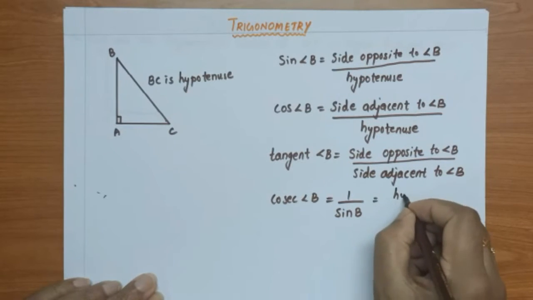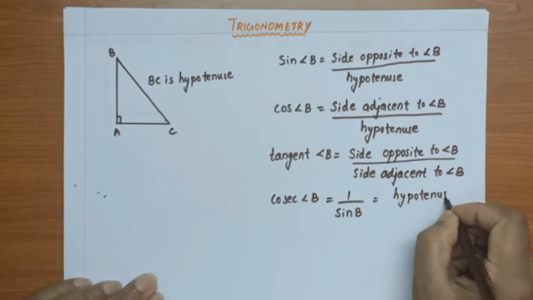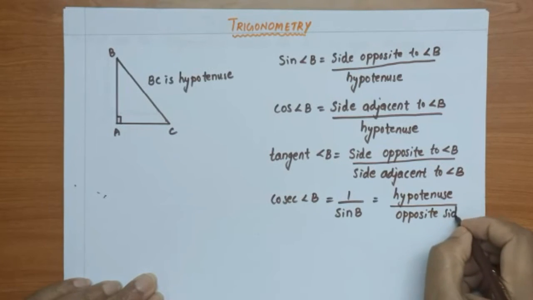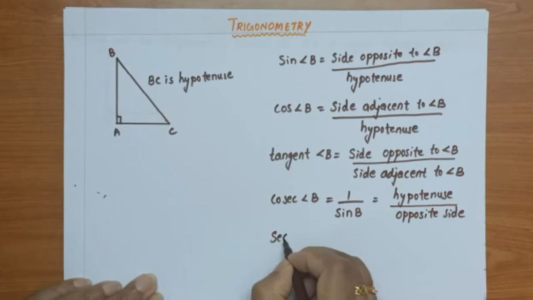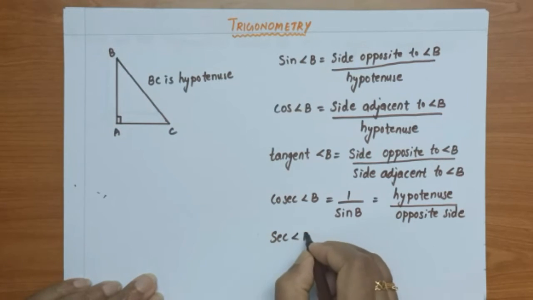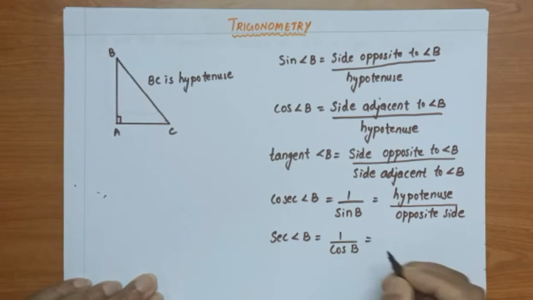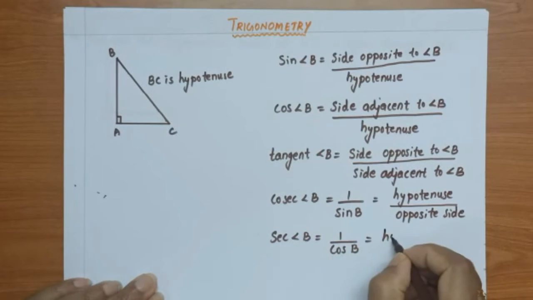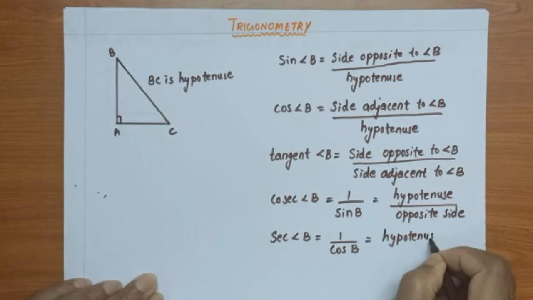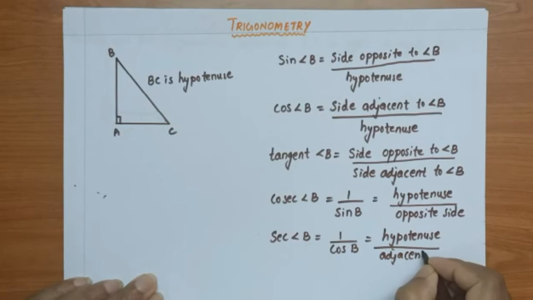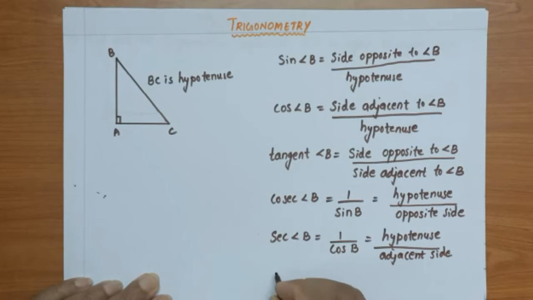So, hypotenuse divided by opposite. Now, secant or sec B equal to 1 by cos B, that is hypotenuse divided by adjacent side of angle B. Now the last one is cot or cotangent.